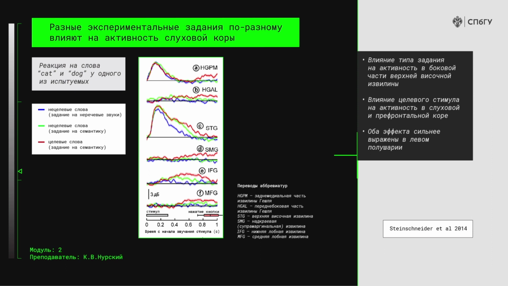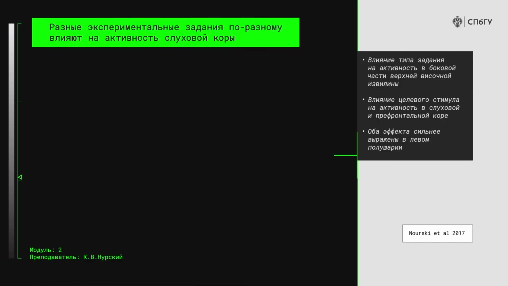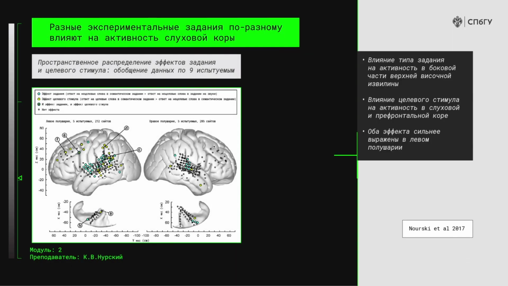This research has demonstrated that responses to the same stimuli can be different depending on the task requirements. For example, on the lateral STG, there is a task effect, meaning that responses are elevated to stimuli when they are presented within the context of a semantic categorization task.